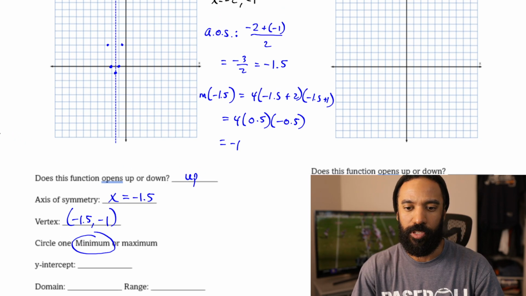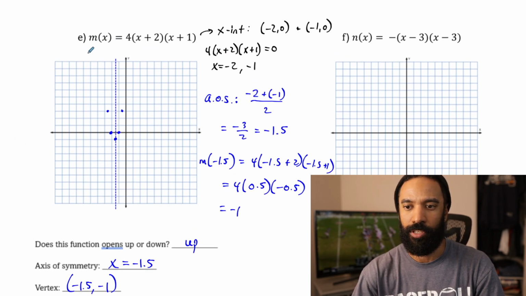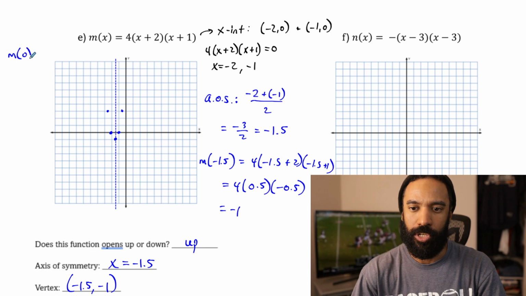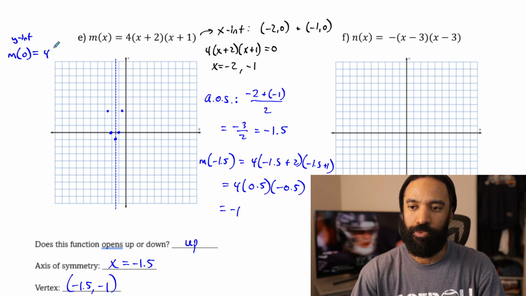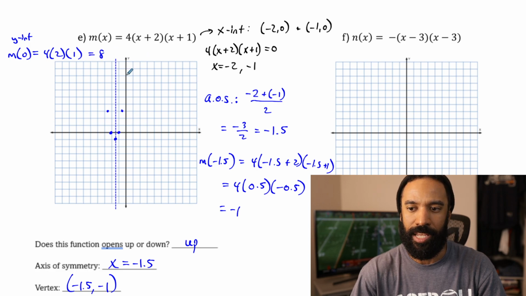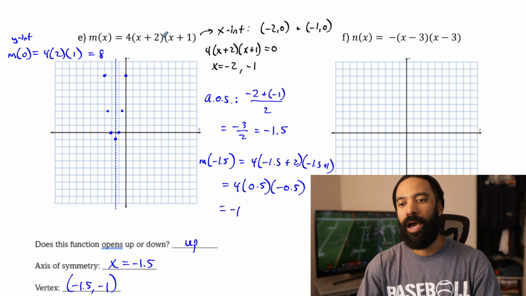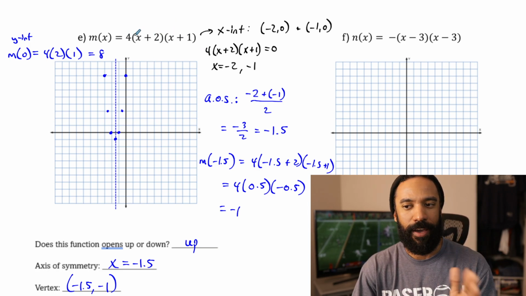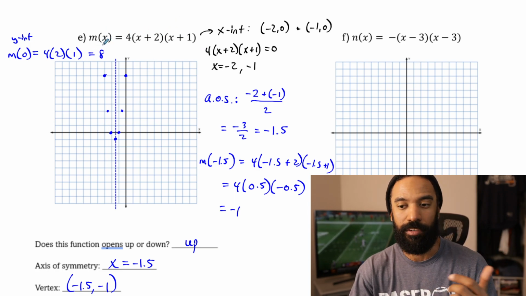The y-intercept, we have to substitute 0 for x, so let's find that out. M of 0 is going to be equal to 4 times 0 plus 2 times 0 plus 1, which is 8. So I can plot this point as well. Now, I never got this in standard form, but if I did, 8 would have been the constant value.